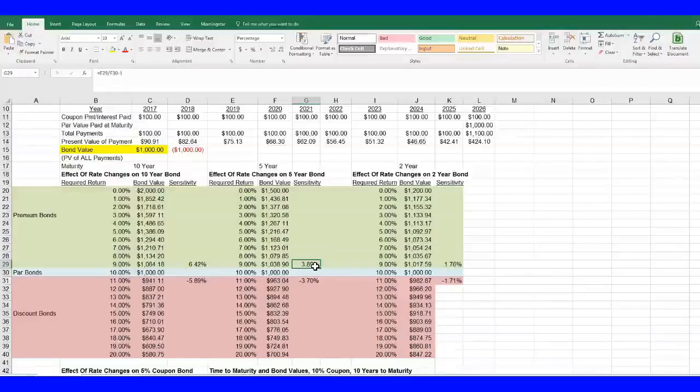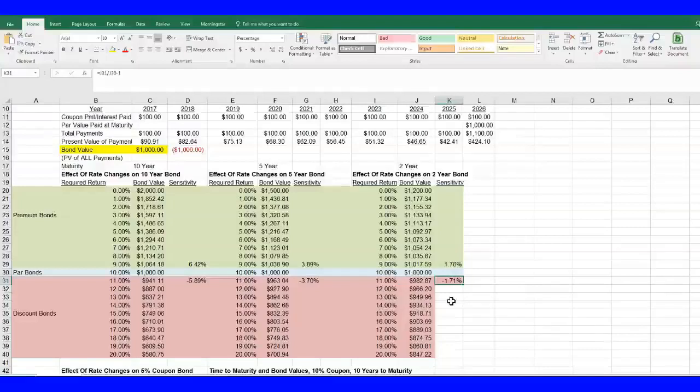So a 1% decrease in required returns resulted in a 3.89% increase in the bond value for a 5-year bond and a 6.42% increase in the value for the 10-year bond. And when we look at the effects of a 1% increase in the required rate of return, we see that the value of the bond only falls by 1.71%.